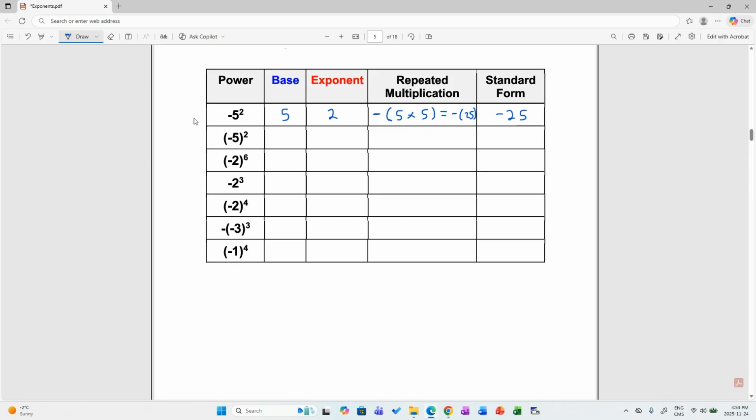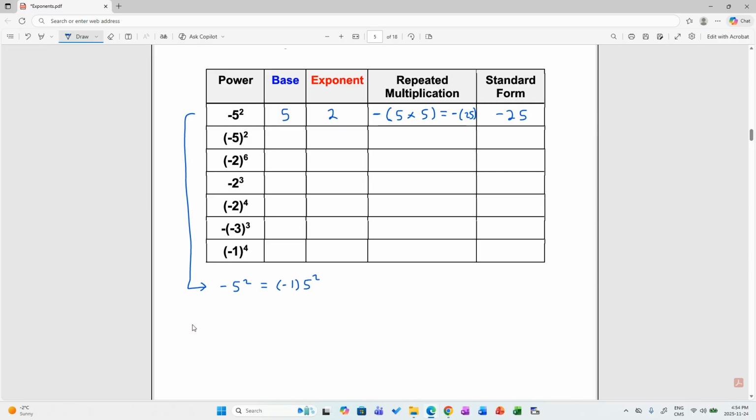A better way to explain this is this. Essentially, for the negative 5 squared, that negative in front is actually an invisible negative 1. So I actually have an invisible negative 1 multiplying by 5 squared.